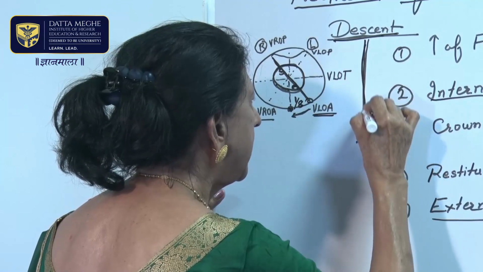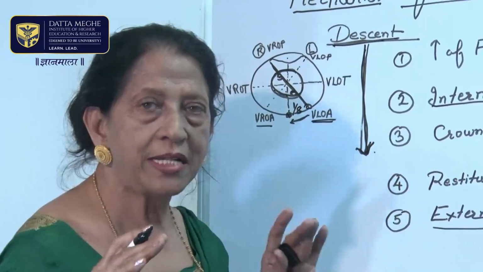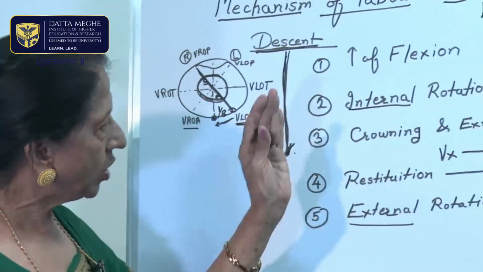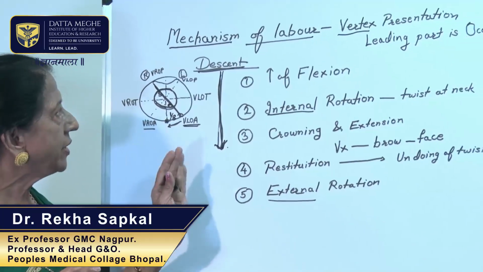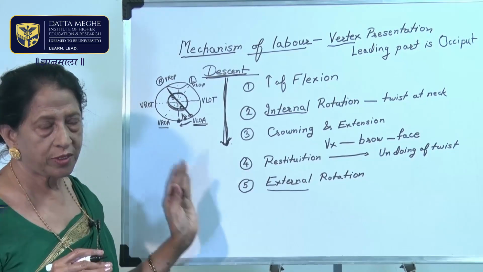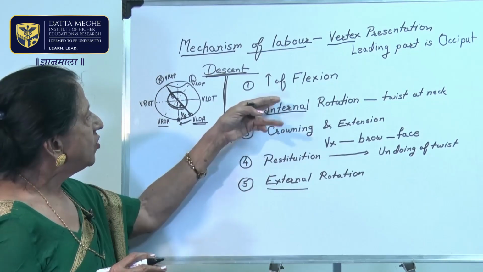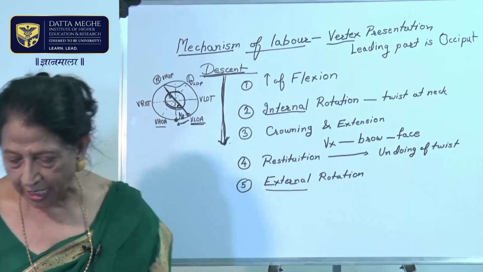So, this is the descent of the fetal head. It is occurring throughout. So, all movements are overlapping. There is no clear cut landmark in between these movements. So, the first movement, you remember descent is occurring throughout the labor. First movement is increase of flexion and engagement.